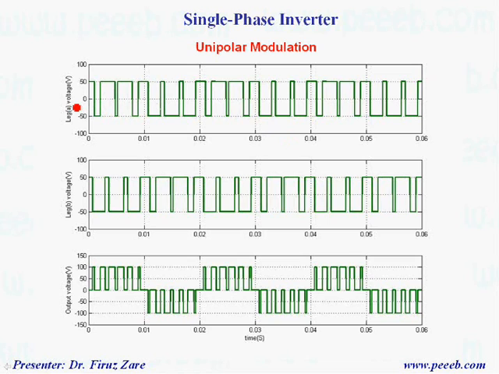Here we have voltages for leg A and leg B, and also the output voltage, which is the voltage of leg A minus the voltage of leg B.